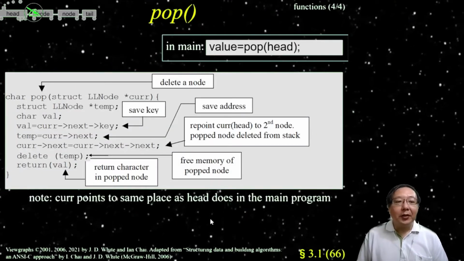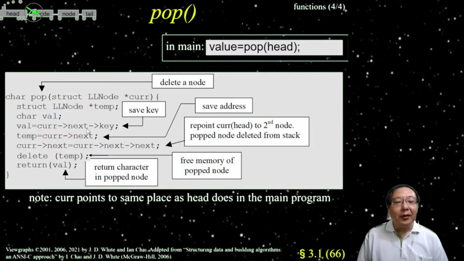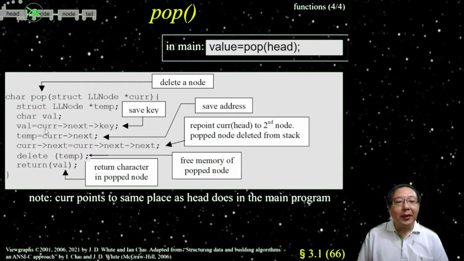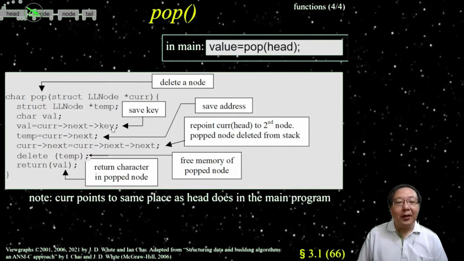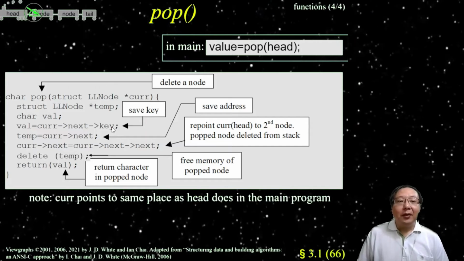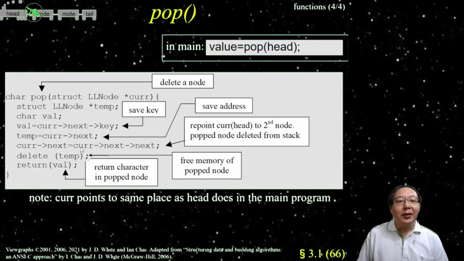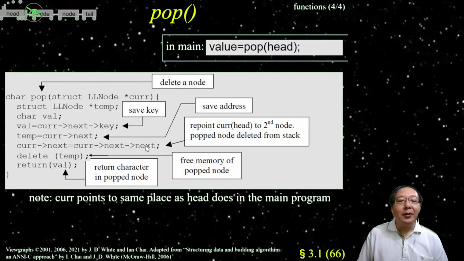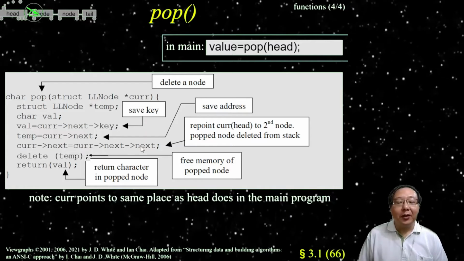This is the pop function. The pop function first keeps the value of the key, that means from the current position, next key. Okay, save that key because that key we will want to return later. Then we say current next equals current next next. That means that we're going to skip the current top node.